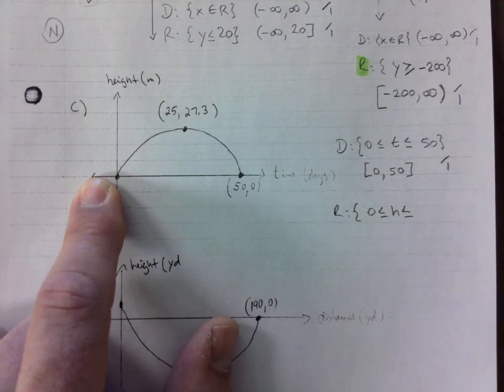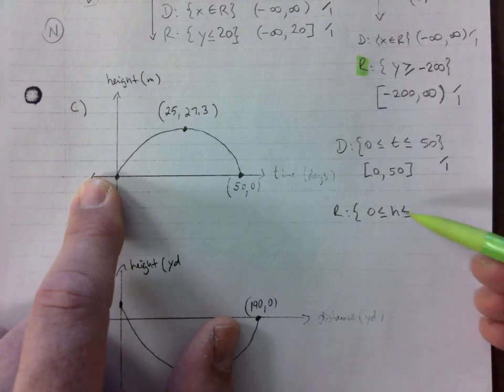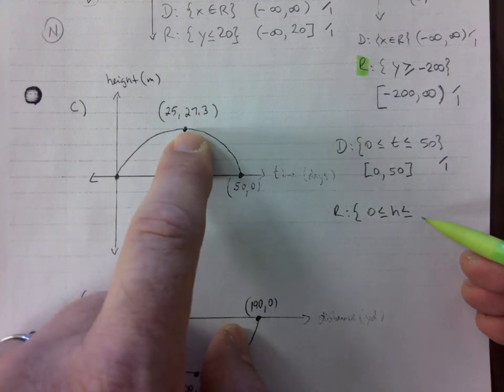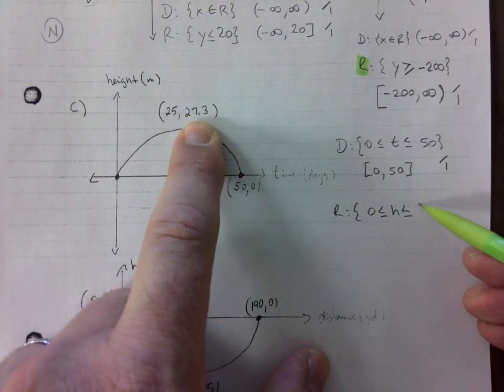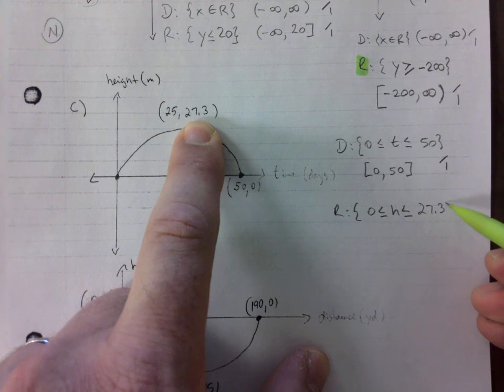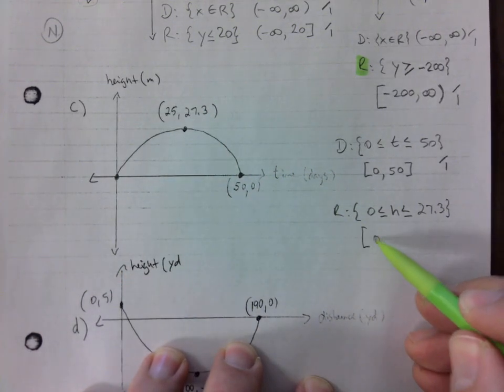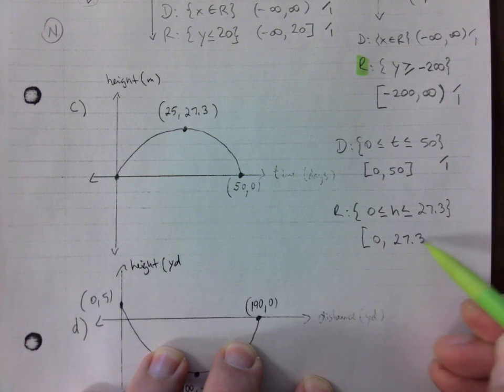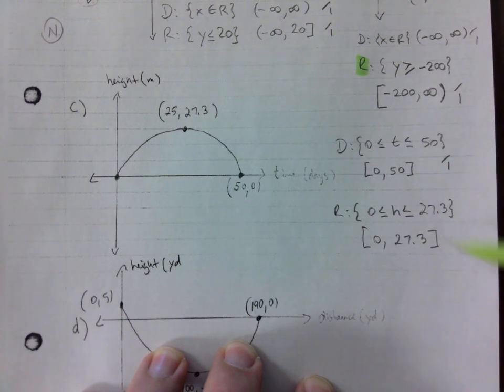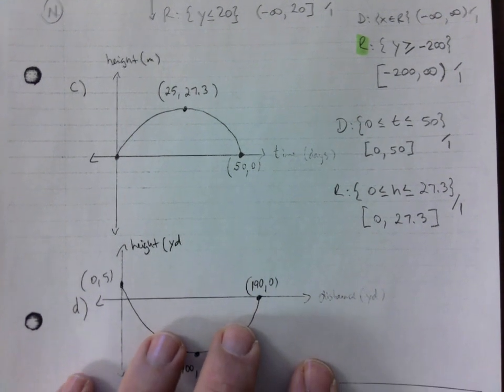It's okay if you use x and y today. We're going to let it go because I didn't give you an equation, right? And so you get to the highest point, which is 27.3. Okay, because remember, range, you're looking at the y values. So this is 0, 27.3, square brackets on both ends, right? So 1 mark for that. You choose which format you want to use there, okay?